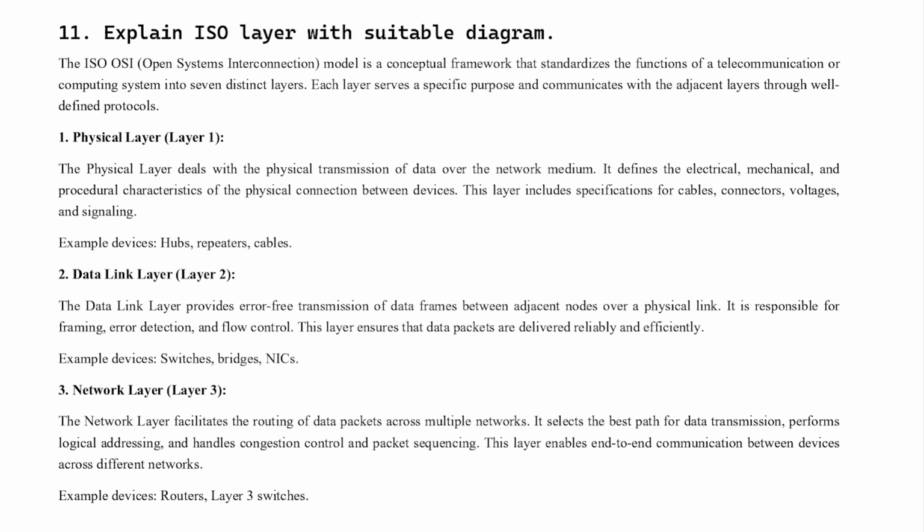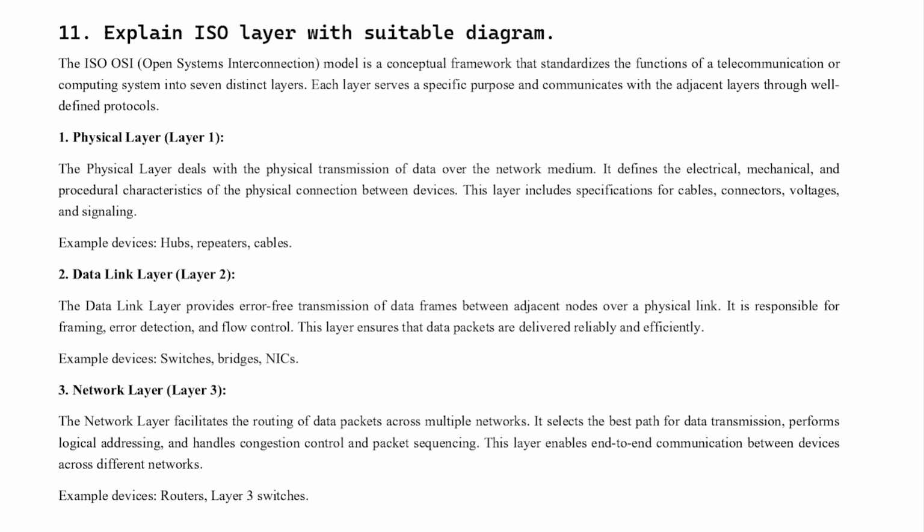Physical layer, Layer 1. The physical layer deals with the physical transmission of data over the network medium. It defines the electrical, mechanical, and procedural characteristics of the physical connection between devices. This layer includes specifications for cables, connectors, voltages, and signaling. Example devices: hubs, repeaters, cables.